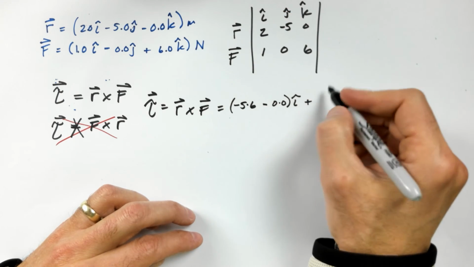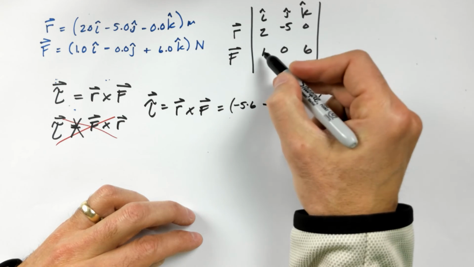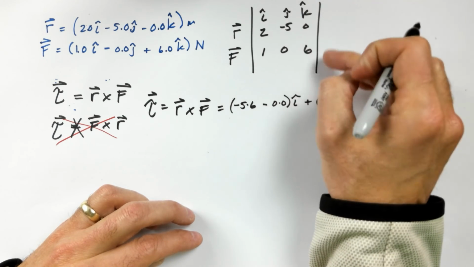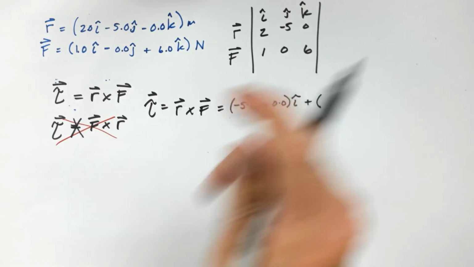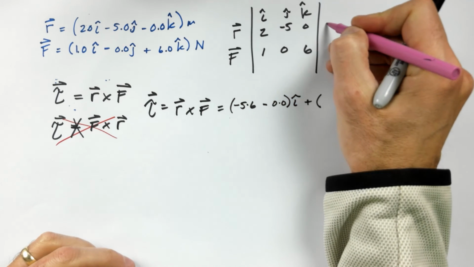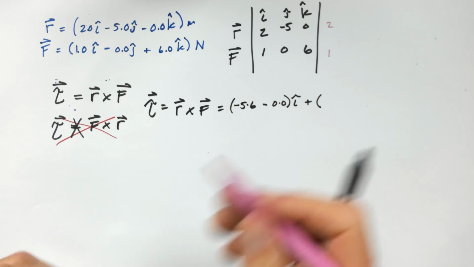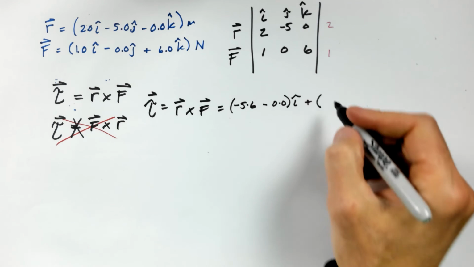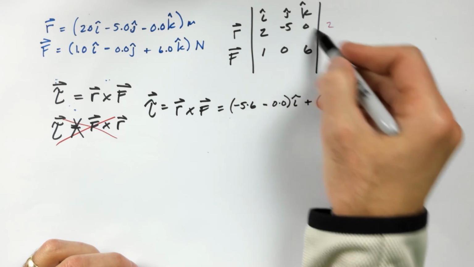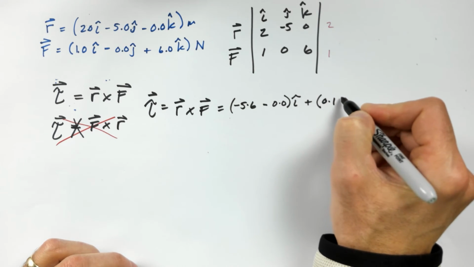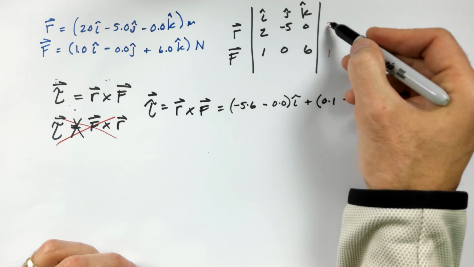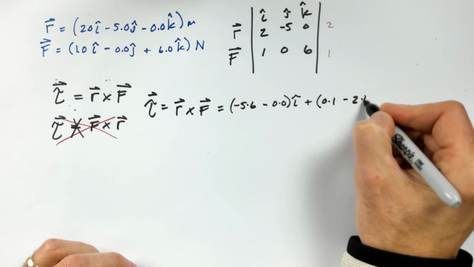and we're going to do 0 times 1. Again, if I wrote the 2 and the 1 over here, let me show you that just for those of you that want to do it that way. 2 and the 1. I'm just carrying that over. So for J, we're going to do 0 times 1 minus 2 times 6.